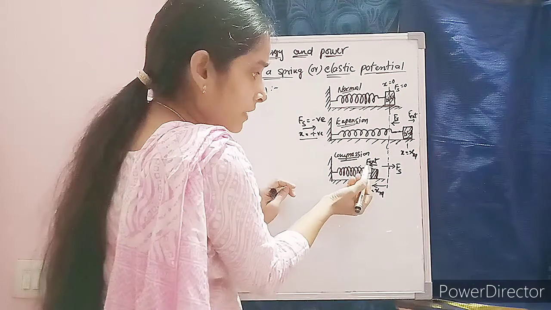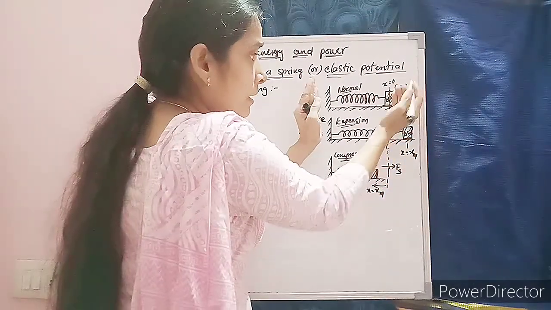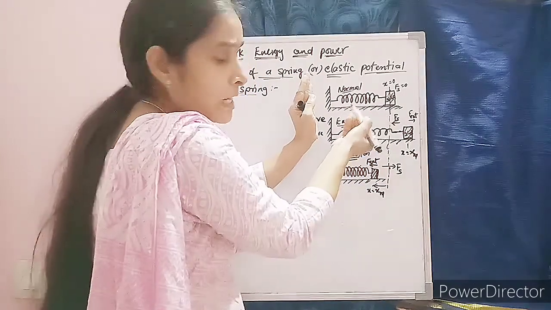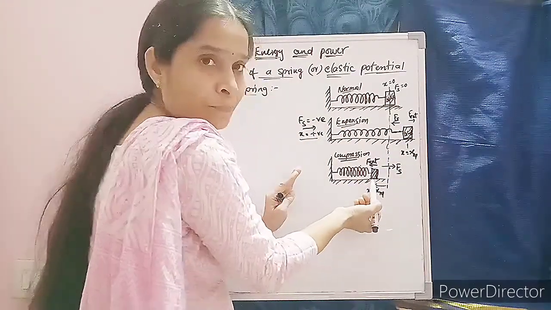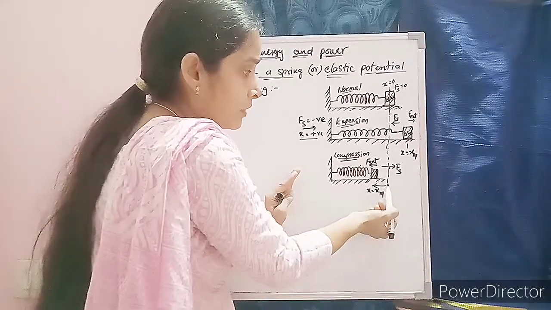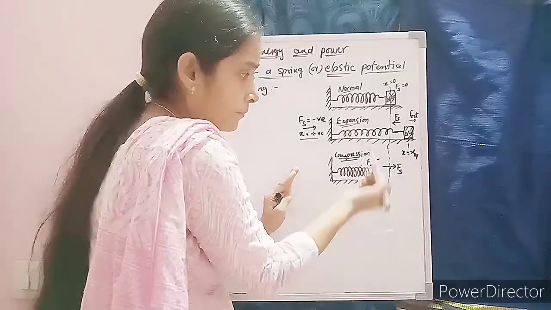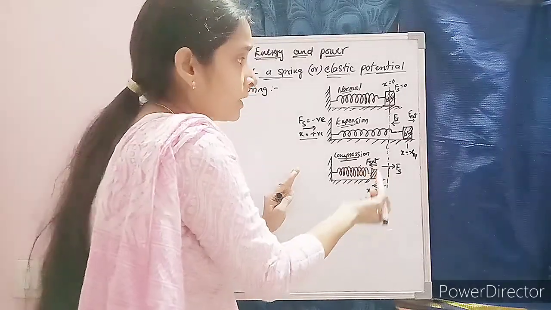Coming to the compression. In order to compress this system, we have to use the external force in the negative direction. That is why F external acts in the negative direction, so that the block is displaced in the negative x-axis, from the initial position to the x equal to xm position. The displacement is from 0 to xm, and the restoring force acts in which direction?